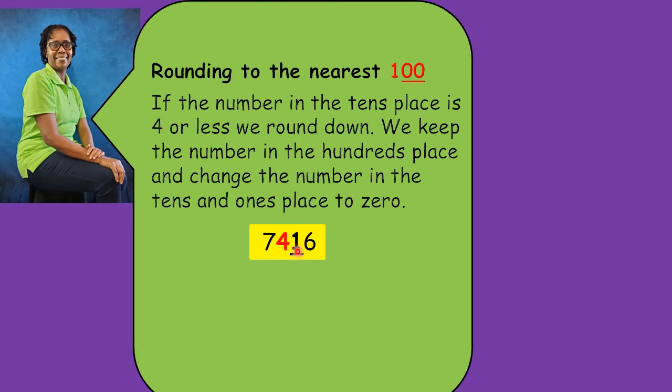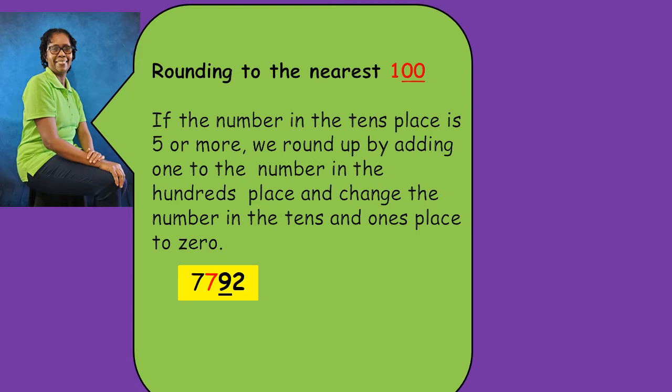The 1 would change to 0 and the 6 would also be changed to 0. So the answer would be 7,400. All right? So remember, when you're rounding off to your nearest 100 and you're rounding down, you keep the number in the hundreds place, but the number in the tens and ones place are changed to 0.